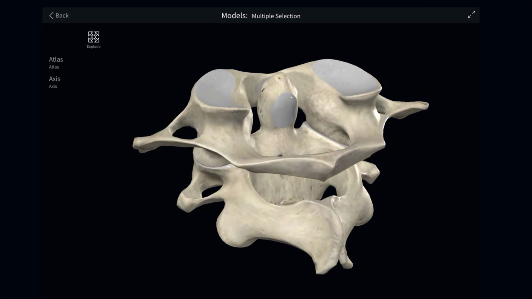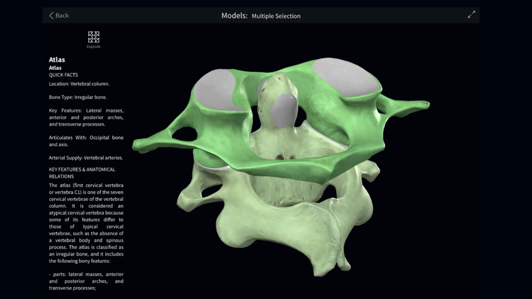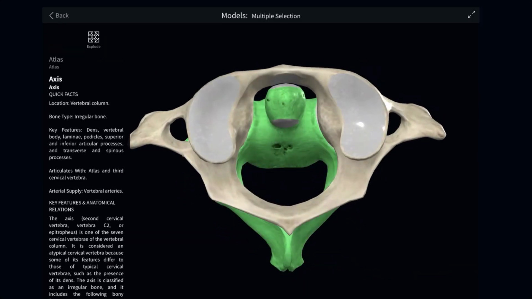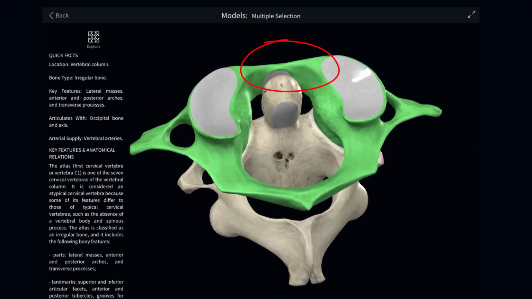Here you are seeing from the posterolateral view C1 and C2. And the C2 articulates with the anterior arch of C1. And what they create here is an extra flexibility of the neck.